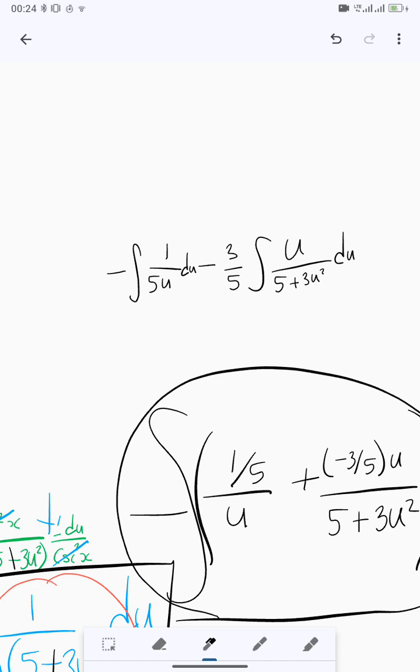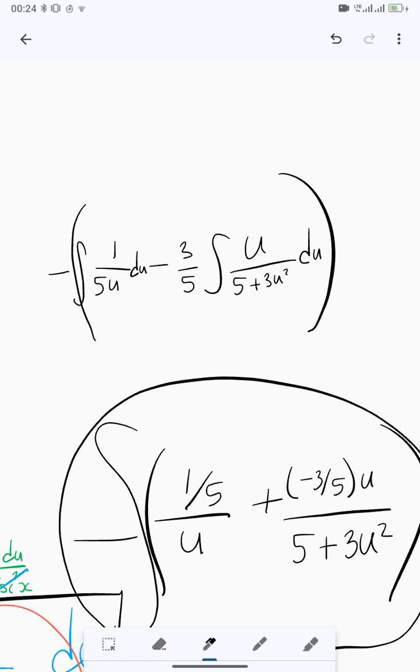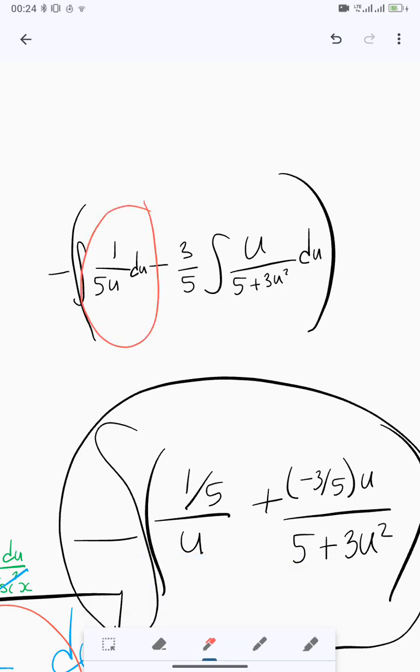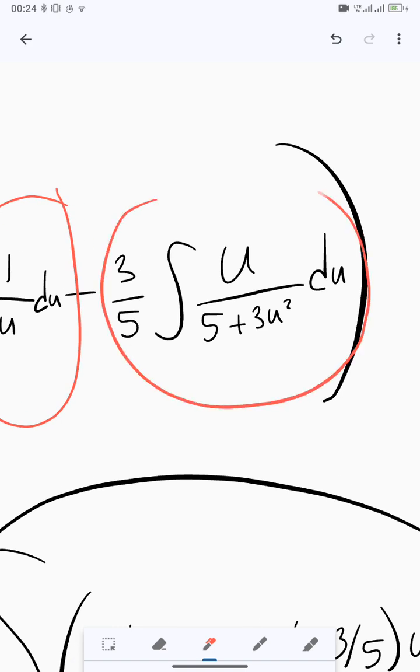Remember that this negative applies to everything that's inside here. From here I can integrate this part of the equation, because I know the integral of 1 over u, and I can simply take 1 over 5 outside. But our worry now is only this part of the equation.